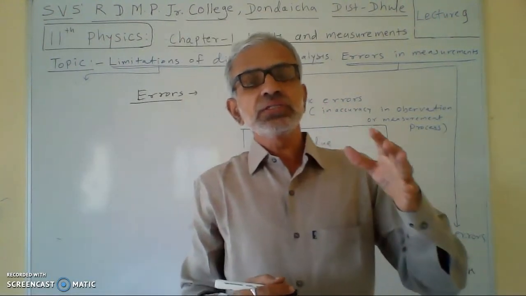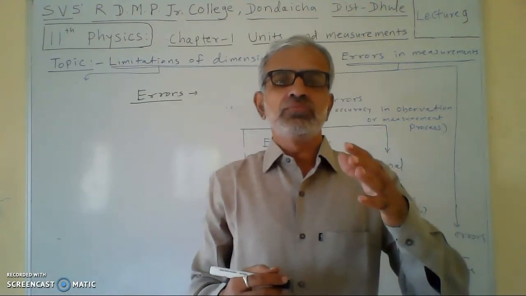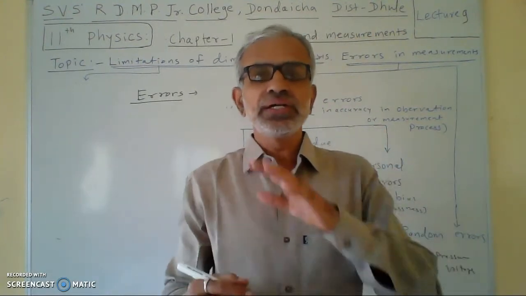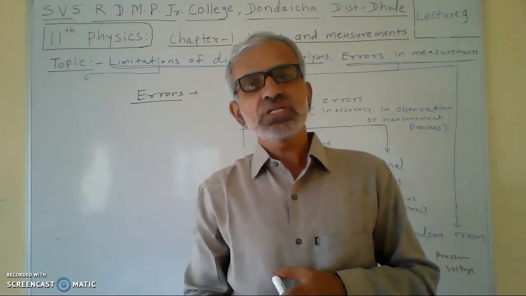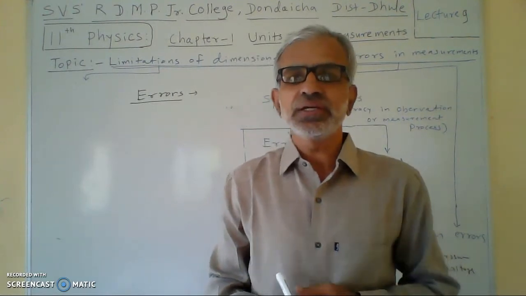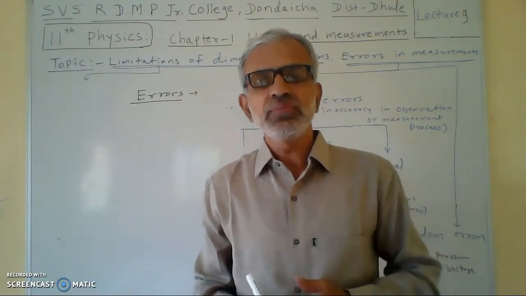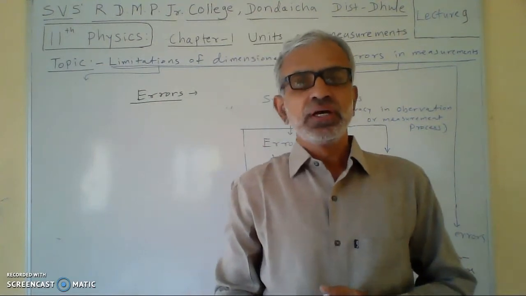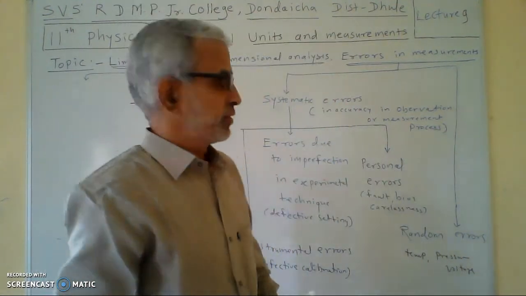Now these errors are classified into two types. The first type is systematic error and the second type is random error. Now what is systematic error?